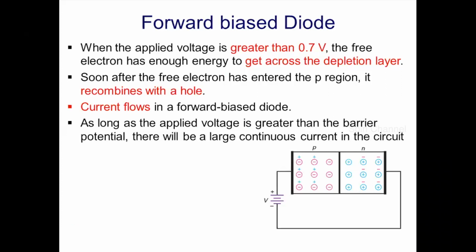When the voltage is above 0.7 volt, more free electrons acquire energy and try to cross the junction. Once the applied voltage is greater than 0.7, slowly the depletion region will be eliminated, allowing more free electrons to cross the junction. As a result, there will be a large continuous current flowing in the circuit from p side to n side. This condition is called the forward biasing condition, or the diode is said to be forward biased.